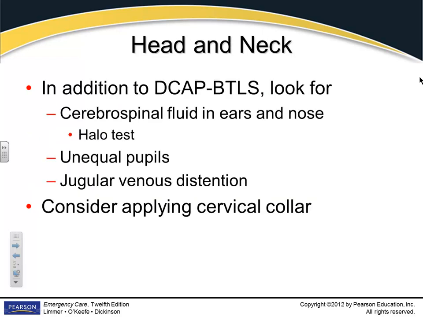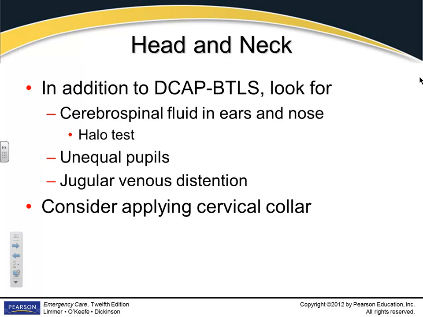That's important stuff. When you're assessing the head and neck, I talked about this a minute ago, one of the things you want to look for is any cerebral spinal fluid that might be leaking from somewhere. We do something called the halo test. Anybody have any idea what that is? Nice try.